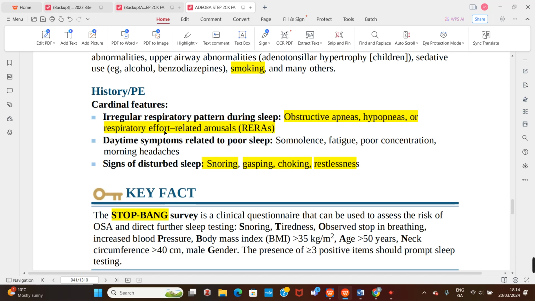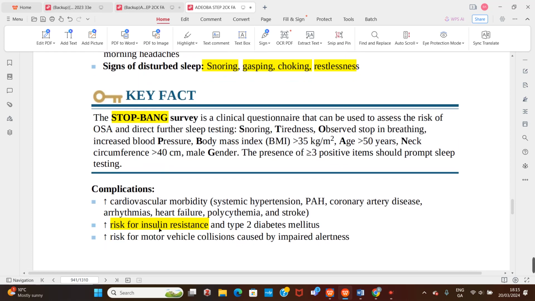Not everything is shared with the risk, but all these things are associated with obstructive sleep apnea. So anybody that has 3 or more of these features, you can definitely tell them to do sleep testing. So you want to do a polysomnography to ascertain your diagnosis.